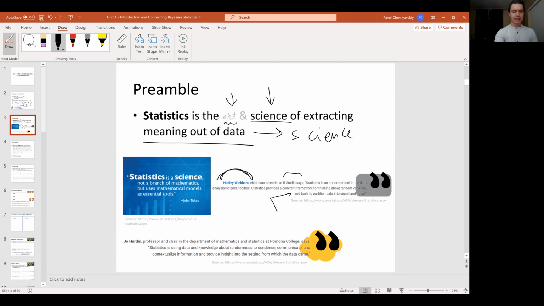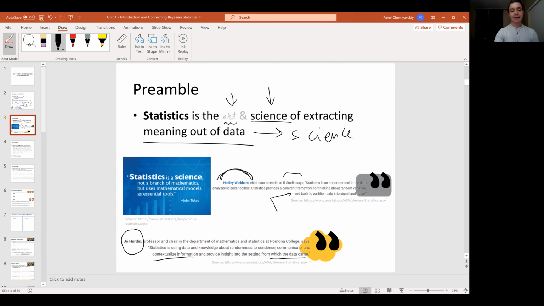I also always liked the definition by Joe Harden from Pomona College, great liberal arts college. Statistics is using data and knowledge about randomness to condense, communicate, and contextualize information and provide insight into the setting from which data came.